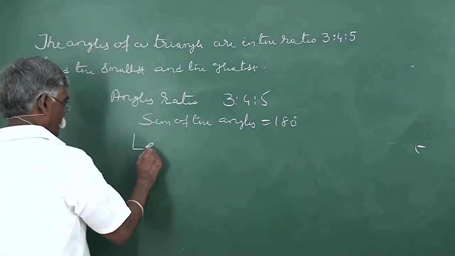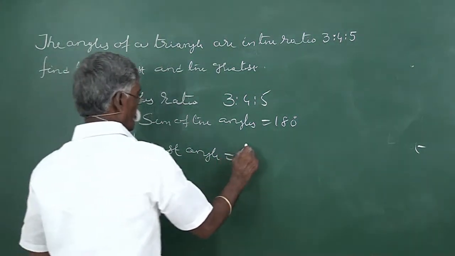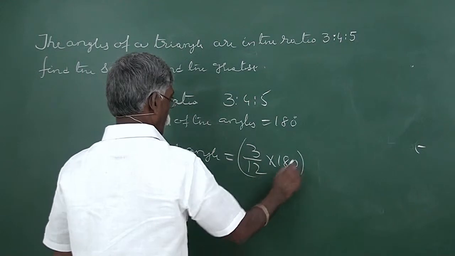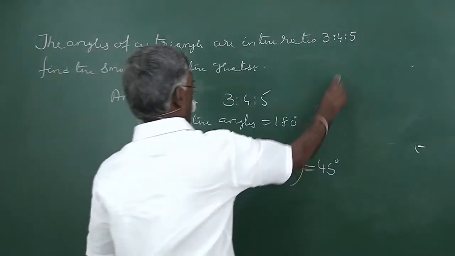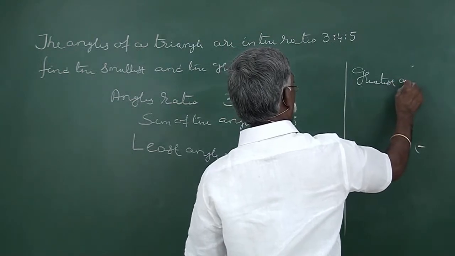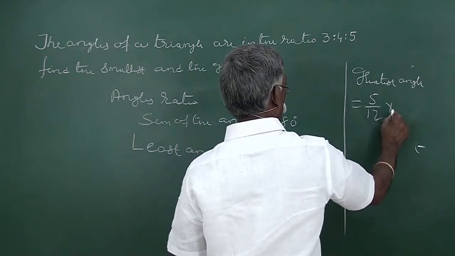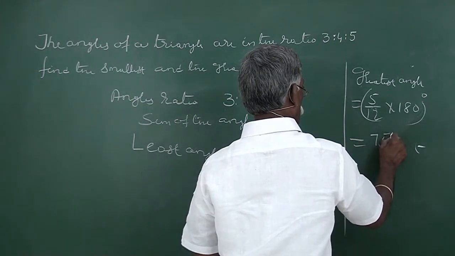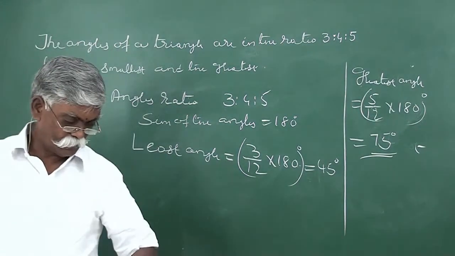So least angle is equal to 3/12 into 180 degrees, which is equal to 45 degrees, and greatest angle is equal to 5/12 into 180 degrees, equal to 75 degrees. Either in this way or that way we can solve the problem.